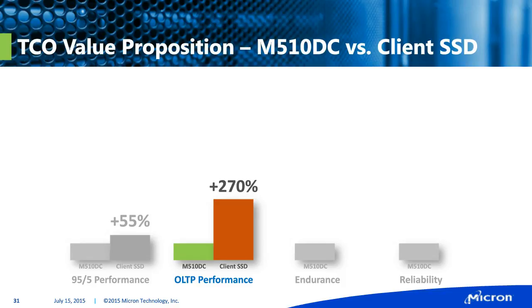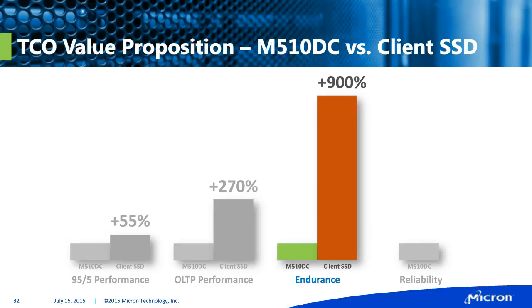With the M510 DC, the magic is, for the most part, in the firmware. The firmware enables the drive to operate more efficiently and do multiple tasks at the same time, and those gained efficiencies enable the drive to operate not only smoothly and consistently, but also fast.